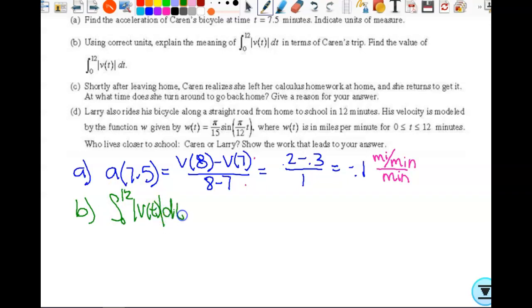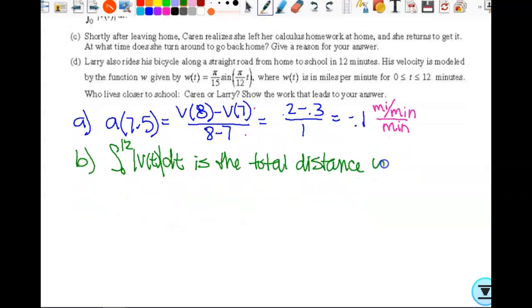Okay. This is, okay, it's the total distance. Is that what our absolute value gives us? Okay. Is the total distance in what units?